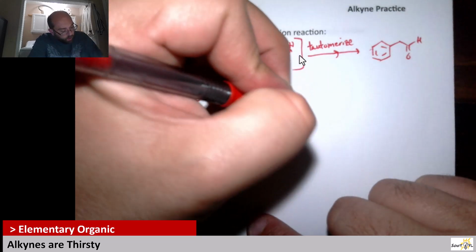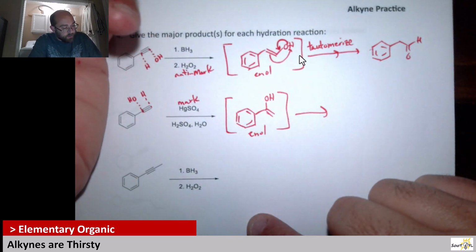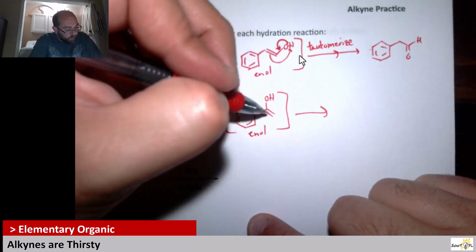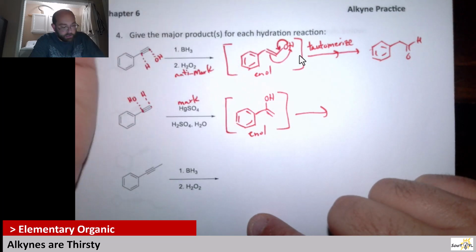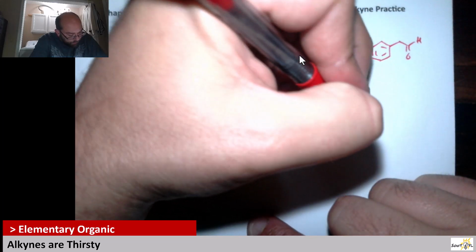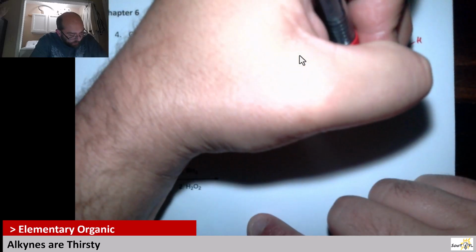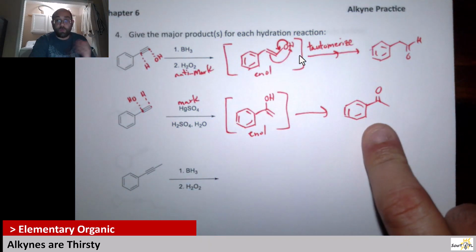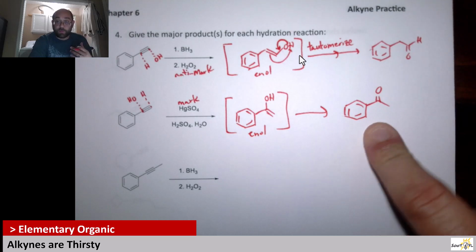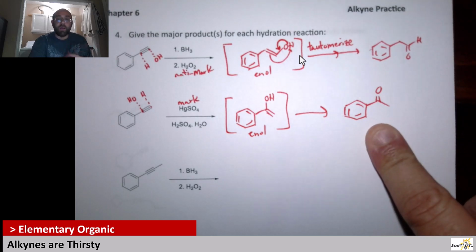This will also rapidly tautomerize. And if you pay attention here, this double bond pretty much just shifts from between the carbons towards the oxygen, more or less. So what do we wind up getting here? We get our ketone instead. Now this one actually is a ketone. These keto forms are what we're going to get as our major products for these reactions.